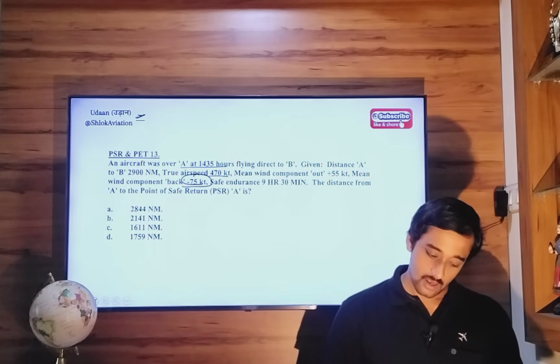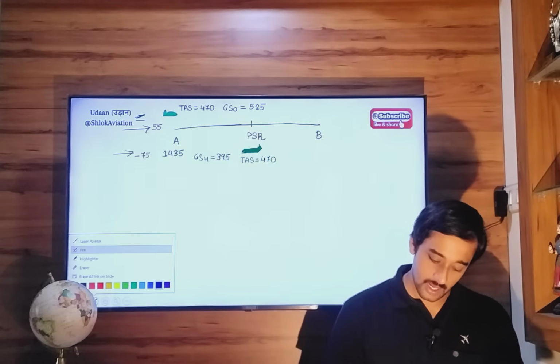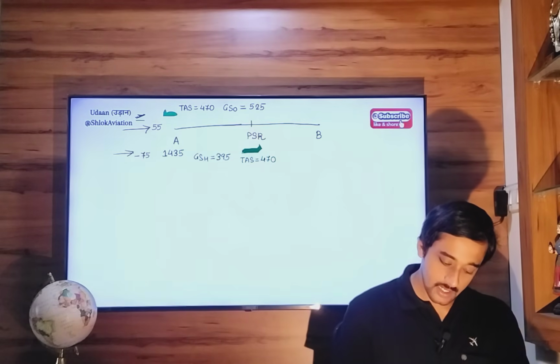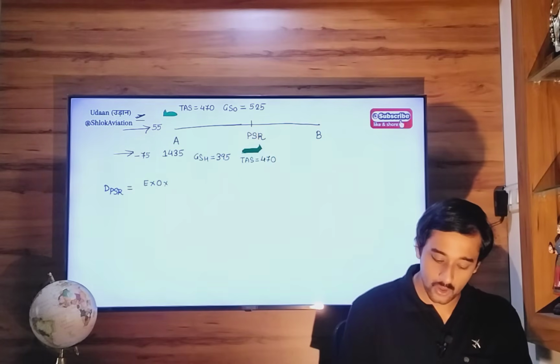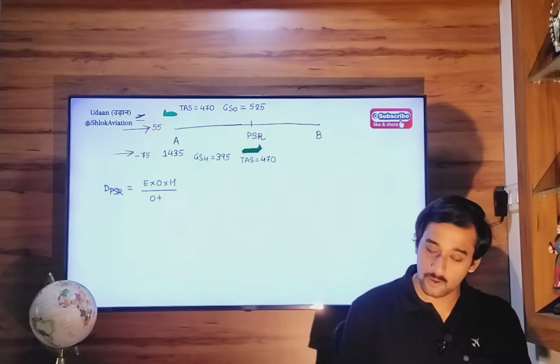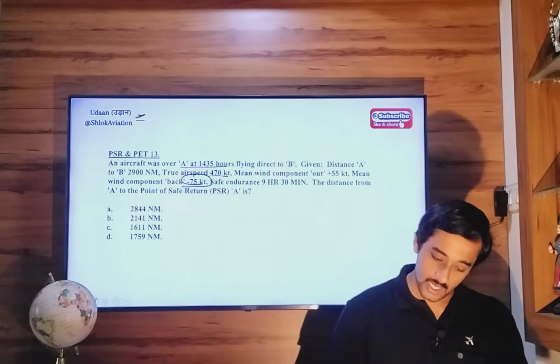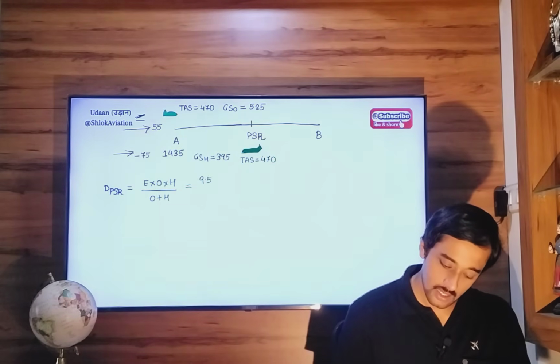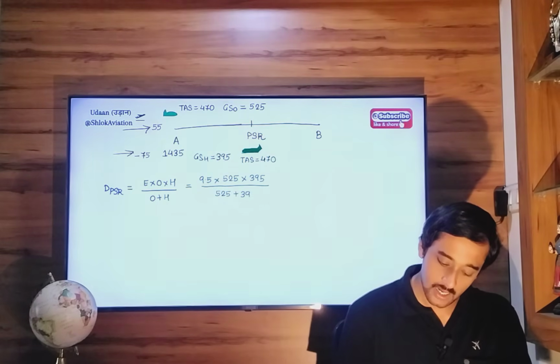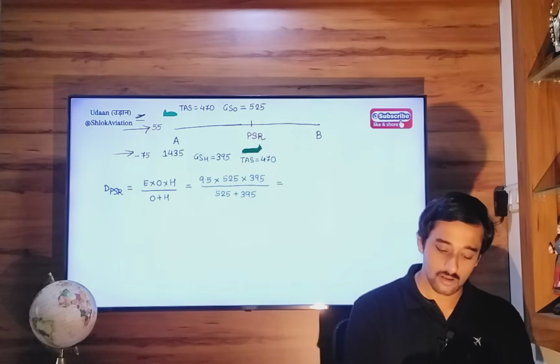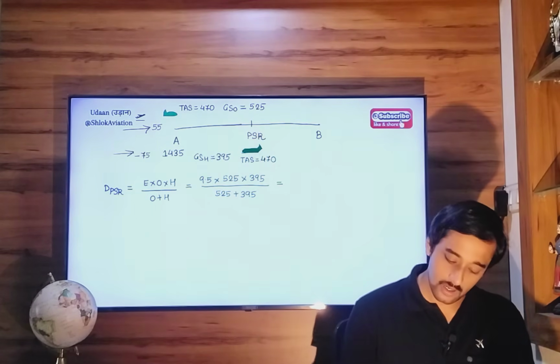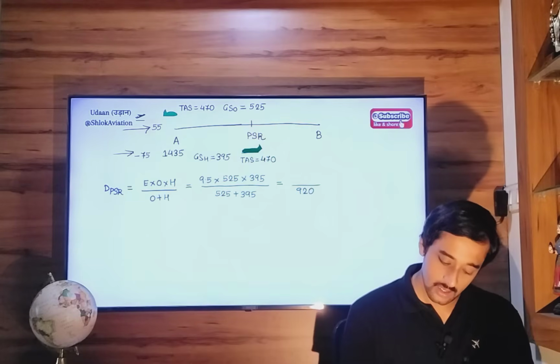So the formula is: distance to the point of safe return equals endurance into outbound into homebound divided by outbound plus homebound. So endurance is 9 hours 30 minutes, outbound speed 525, homebound speed 395 divided by 525 plus 395, which is equal to 920 denominator.